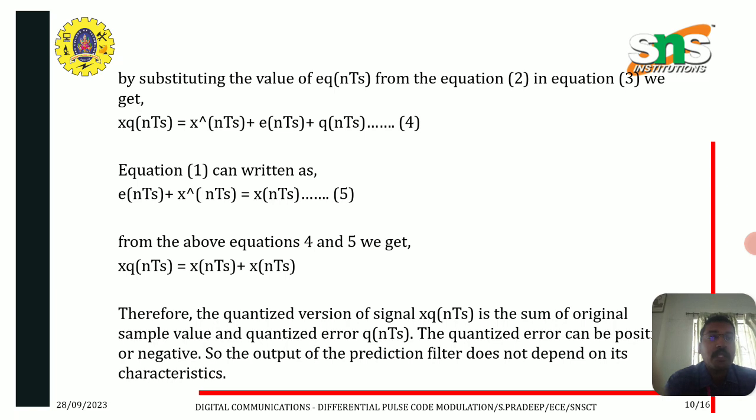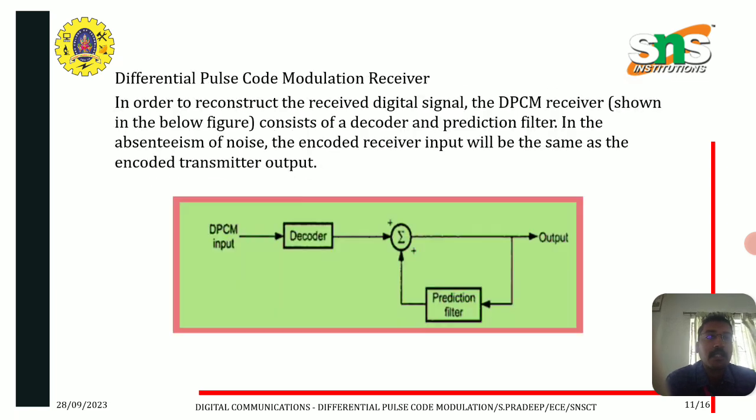From equations 4 and 5, we get xq of nTs equal to x of nTs plus q of nTs. Therefore, the quantized version xq of nTs is the sum of the original sampled value and the quantization error q of nTs. The quantization error can be positive or negative. So the output of the prediction filter does not depend on its characteristics.